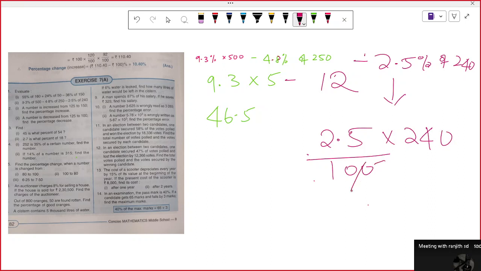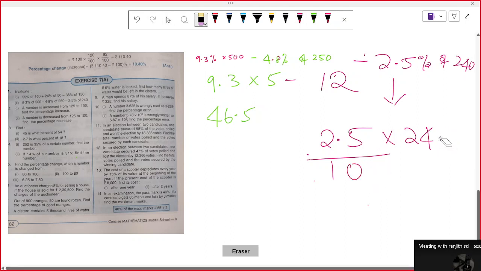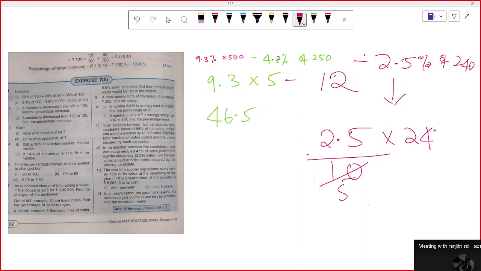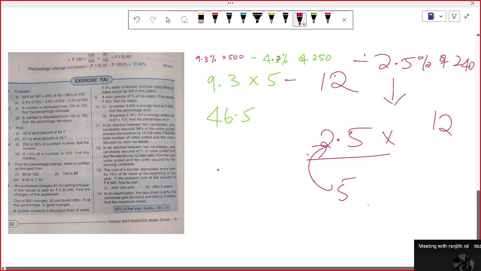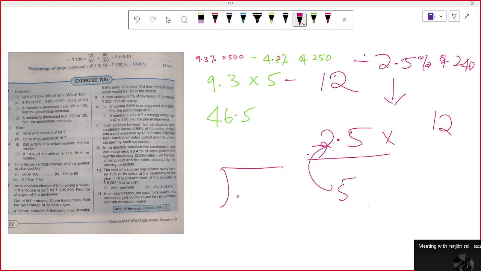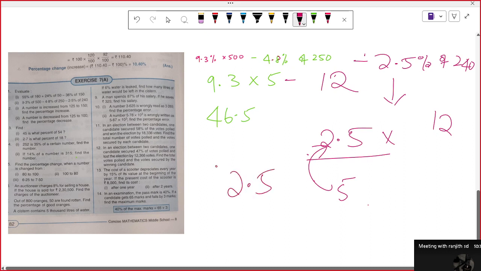0 and 0 get cancelled. 2 fives are 10, then 2 12s are 24, so 12 is left, and 5. How many times is 5 divided? 2.5 divided by 5, right?